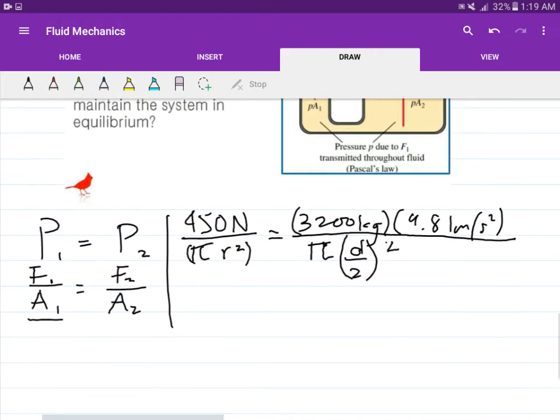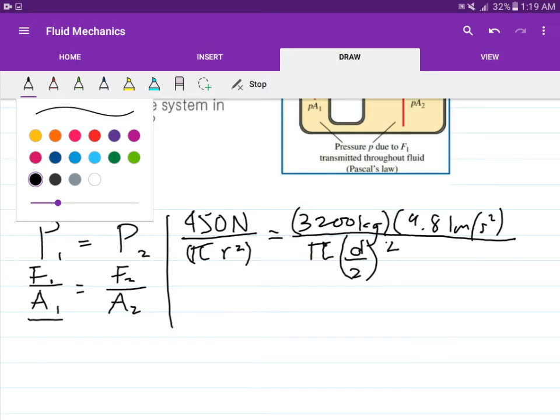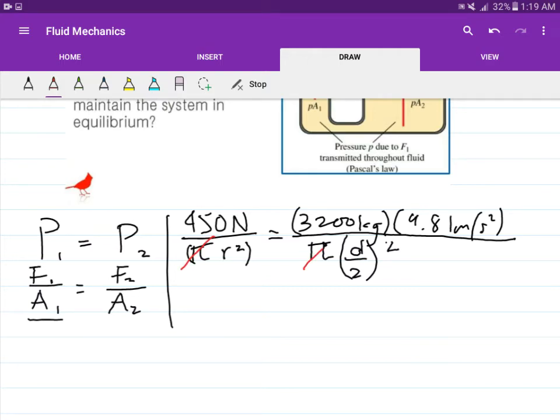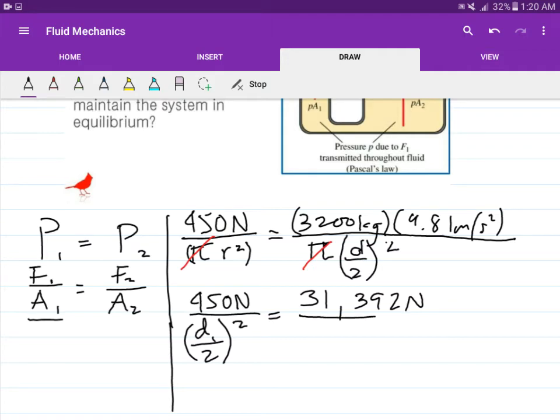Okay, so we can actually cancel out the pi's here, and rewriting the equation, we have here 450 newtons over pi times d1 over 2 squared equals, simplifying this one, 31,392 newtons over the diameter is 120 centimeters over 2 squared.